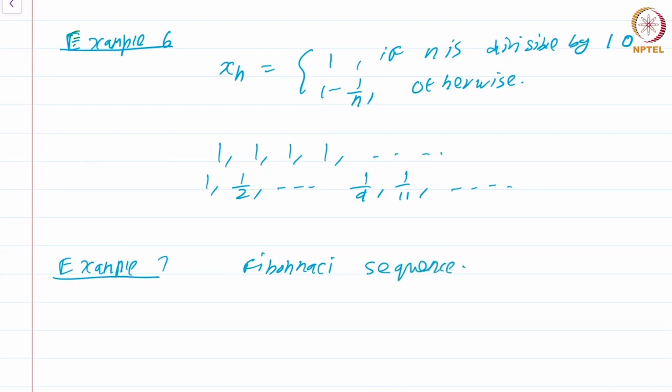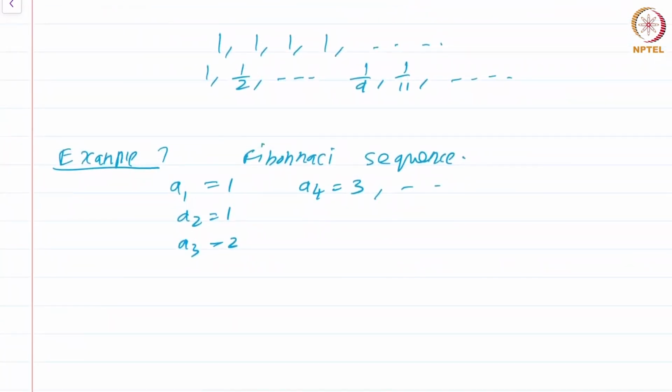How is this defined? Well, you define a1 to be 1, a2 to be 1, a3 to be 2, a4 to be 3, and so on. How does this go? Well, an equals an minus 1 plus an minus 2, and n has got to be greater than 2 for this definition to make sense, and we define a1 to be 1 and a2 to be 1.